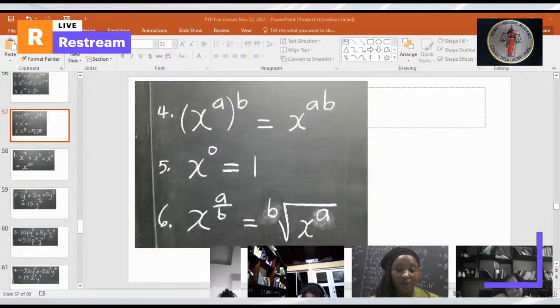You can do either one first. For example, if you had 2 over 3, you would raise it to the power of 2 and find the cube root of it.